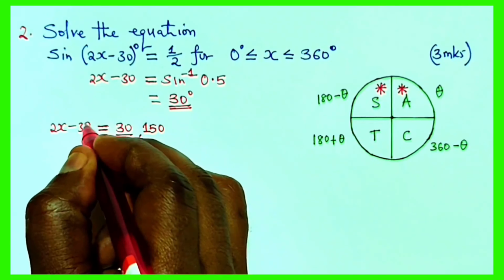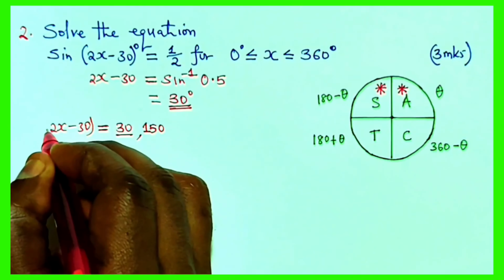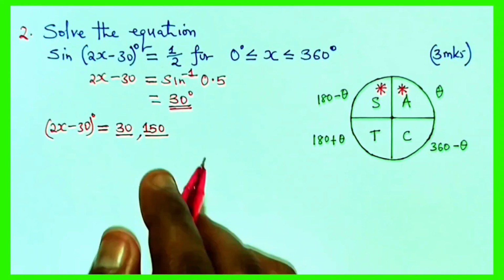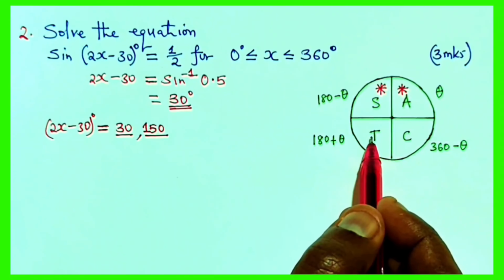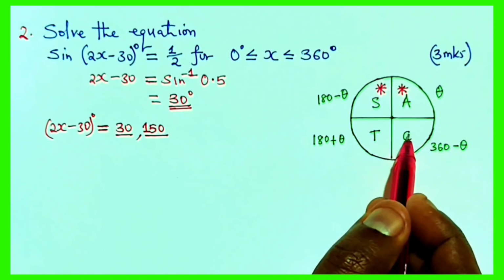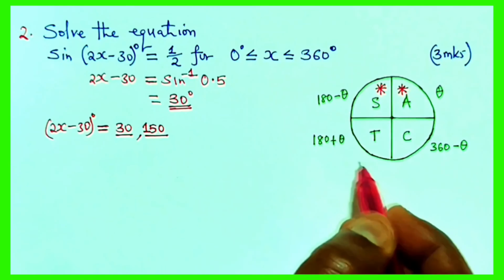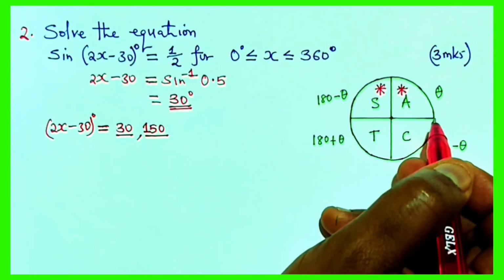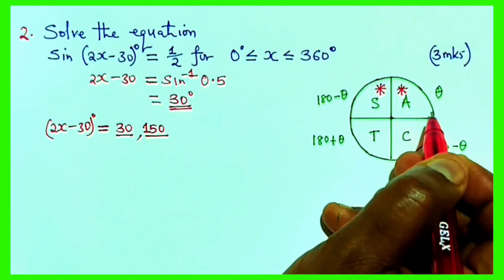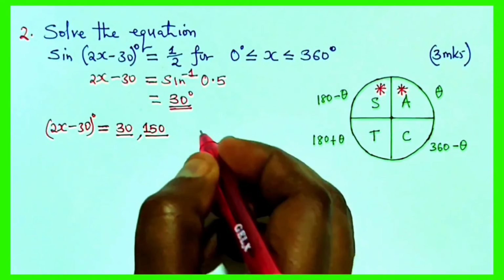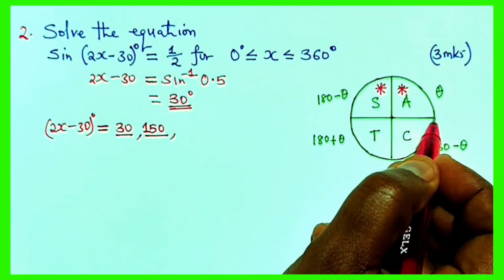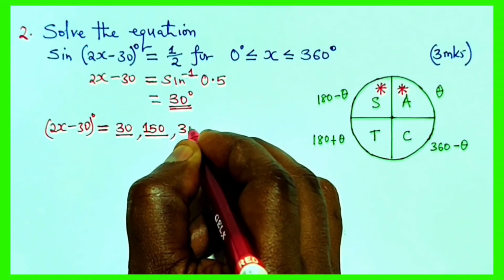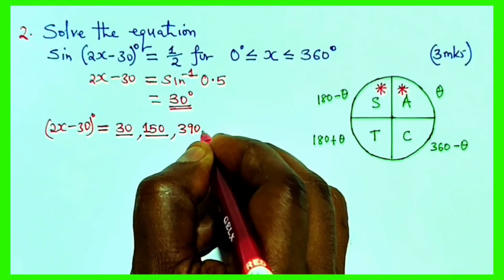So we can consider several values of 2x minus 30 degrees. So we've got 30, we've got 150, and then you will not consider an angle in the third and the fourth quadrant, so it means you have to make another round. So at this point you are back at 360 degrees, and then you are going to add 30 because we need another angle in the first quadrant. So that will be 360 degrees plus 30 degrees, which will be equal to 390 degrees.